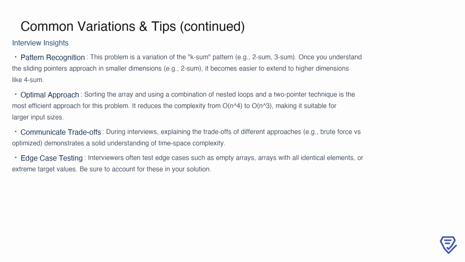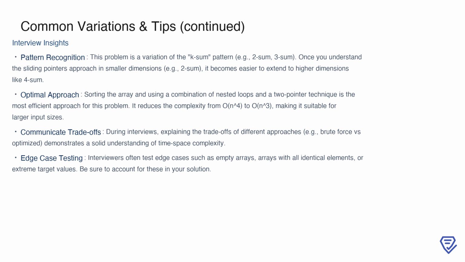Now, let's consider some valuable insights for interviews. Recognizing the foursome problem as a variation of the k-sum pattern is key. If you're comfortable with simpler cases like two-sum or three-sum, extending these approaches to four-sum becomes much more intuitive. The optimal solution involves sorting the array and combining nested loops with a two-pointer technique. This reduces the time complexity from O(n⁴) to O(n³), making it feasible for larger datasets.